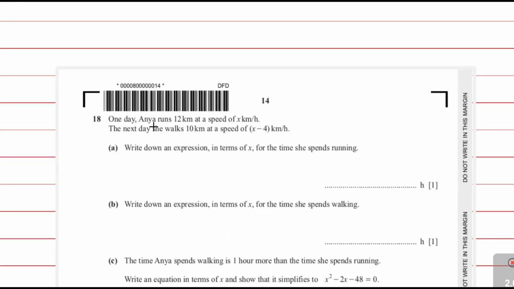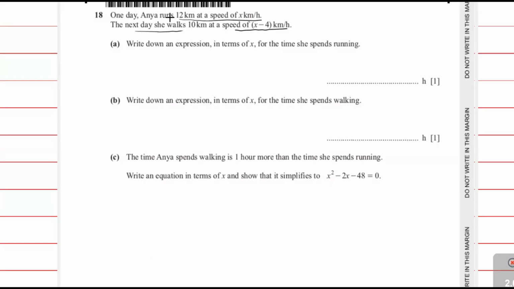Next question, Question 18. One day Anaya runs 12 km at a speed of x km per hour. The next day she walks 10 km at a speed of x minus 4 km per hour. Write an expression in terms of x for the time she spent running.